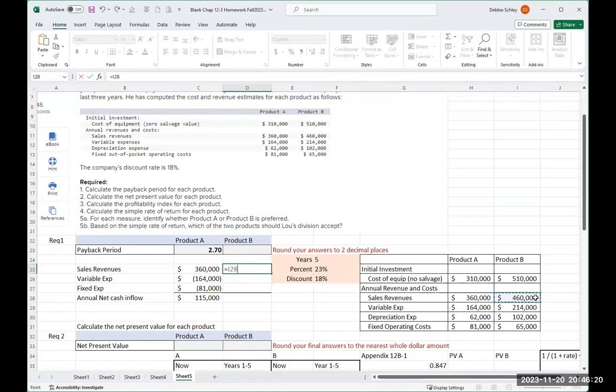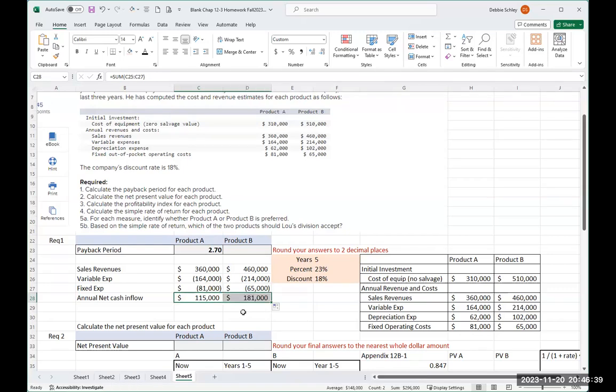Sales revenue, 460,000. Variable expense equals a negative variable expense. Fixed expenses equals negative fixed. And then I can just drag my sum formula over, and that gives me B. So then I will just take my initial investment for B divided by my annual net cash inflow. So I get 2.82.